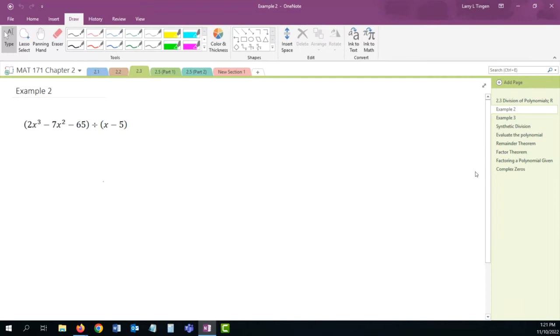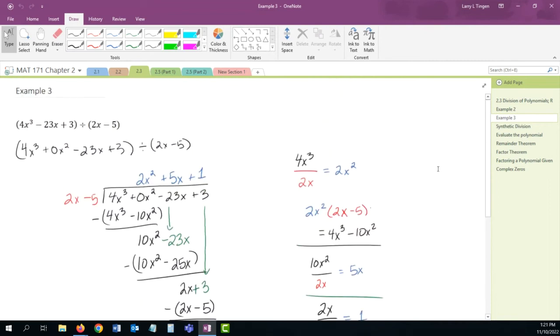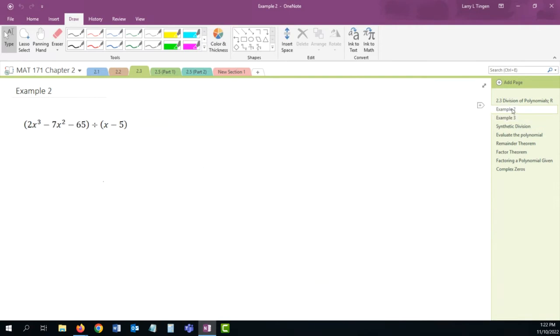You're typically going to see something more like example 2 or example 3. I have done examples 1, 2, and 3 already. But let's make sure. So let's go after example 2.